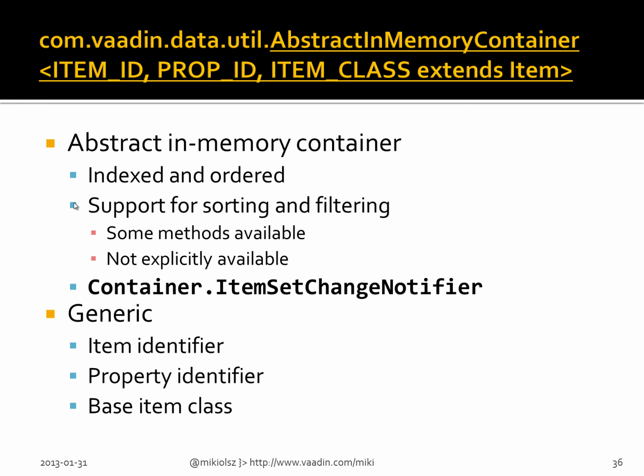There is partial support for sorting and filtering, but it's just that the methods are there. It's not the interfaces that are declared. So if you want, you can just implement the missing methods and declare interfaces, and there you go, your container will be sortable and filterable. If not, well, then you just ignore it. And of course, it broadcasts the item set change events whenever you add or remove things.